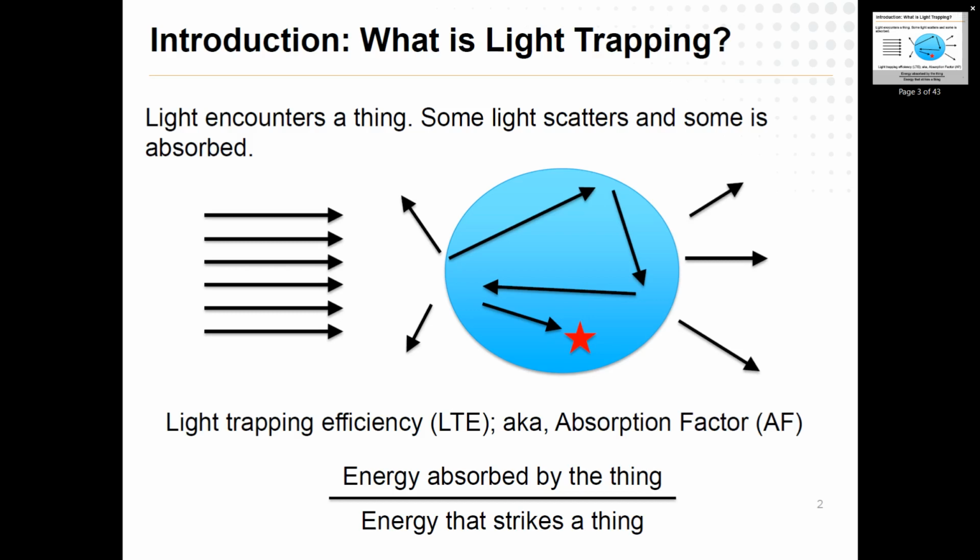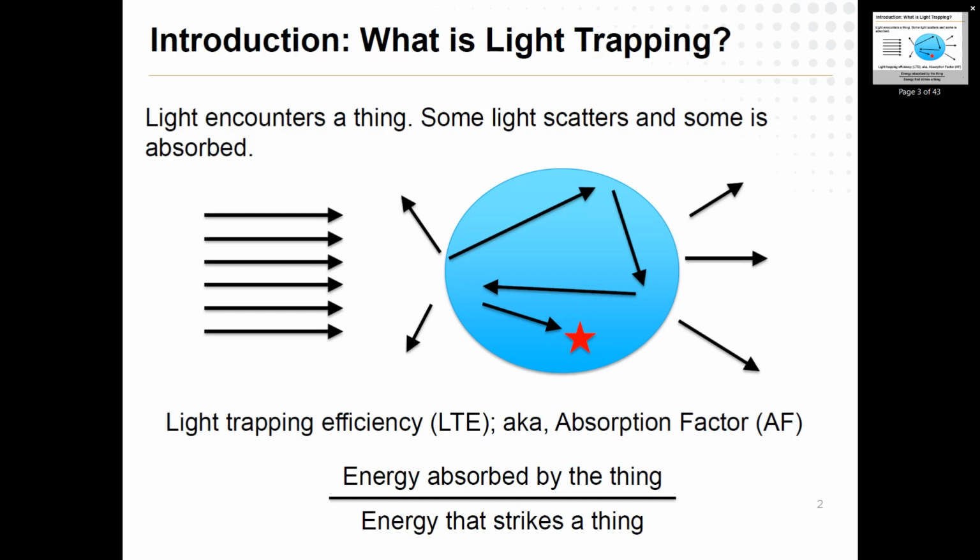So this word, we can define to quantify that as the light trapping efficiency, or some people call it an absorption factor, and it's just the ratio of all that energy that gets absorbed in the thing to the total amount of energy striking it. If you like to think of it more in quantum mechanical terms, you can think of it as, here is a photon.